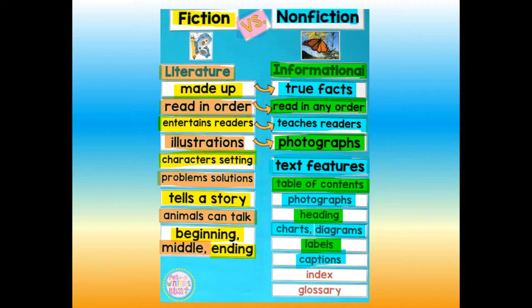Informational text may also have, let's see, index and glossary. Index is in the back. It has words and tells you where you can find those words on what pages. And a glossary has vocabulary words, and it tells you the definition of the words and where you can find them in the story or in the text.